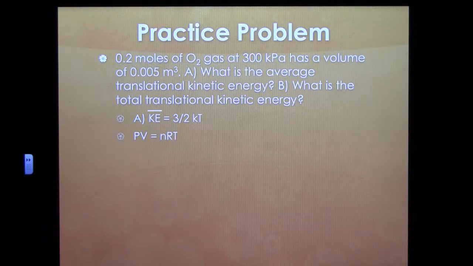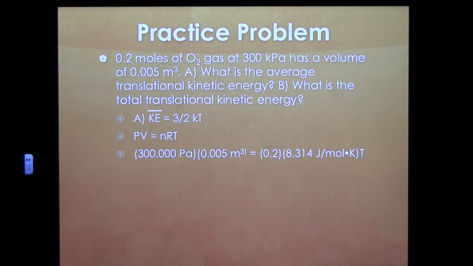So we can use the ideal gas law, PV equals nRT. Plug in pressure. Notice the pressure is changed to pascals, not kilopascals. We have the volume in meters cubed. n is the number of moles, 0.2, and we plug in the universal gas constant, R, 8.314 joules per mole Kelvin.